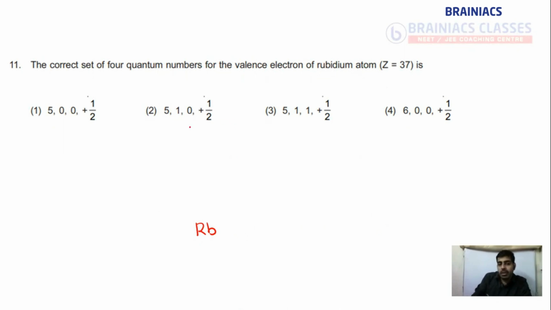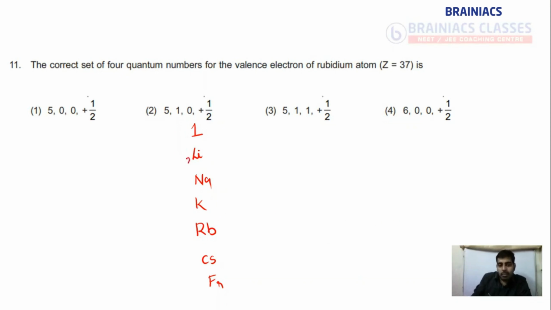We know that rubidium belongs to the first group: lithium, sodium, potassium, rubidium, cesium, and francium. If you don't know the exact atomic number of rubidium, but you know the group number, you can find the valence electron.